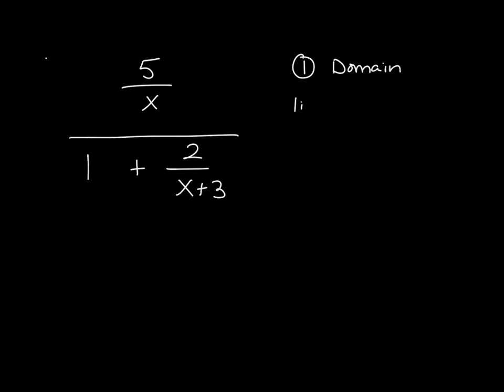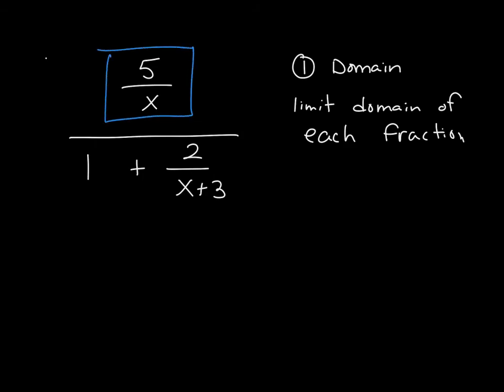And you have to limit the domain of each fraction. So inside this, I have 5 over x, and in this fraction, x cannot equal 0. And then also for this fraction, x plus 3 cannot equal 0, which means x cannot equal negative 3.